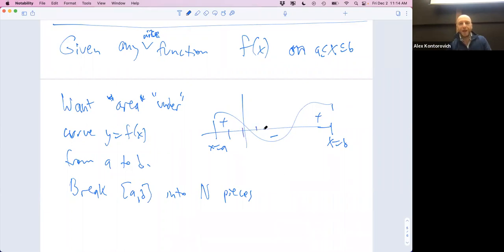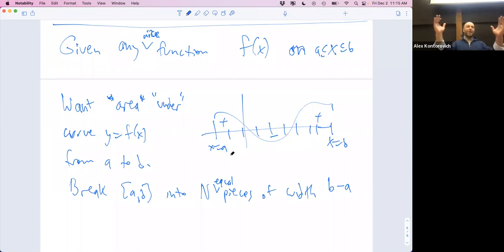We're going to break it into n equal pieces. The total length is b minus a. And so we're going to break that total amount into n equal pieces. Each piece has length b minus a over n. That's the width of each of my little rectangles.